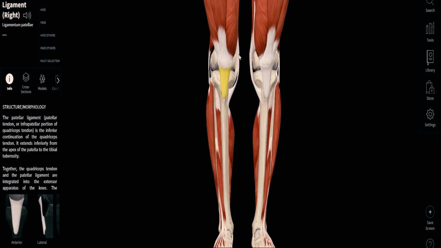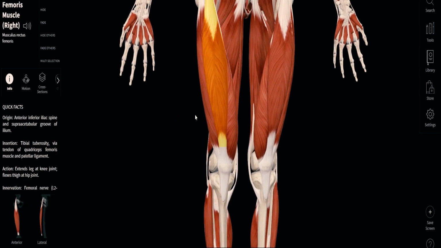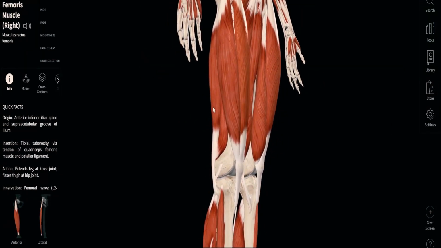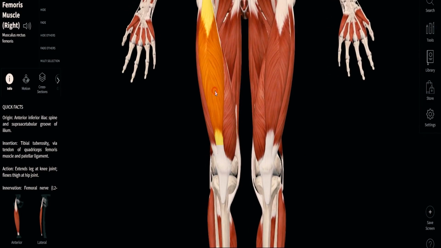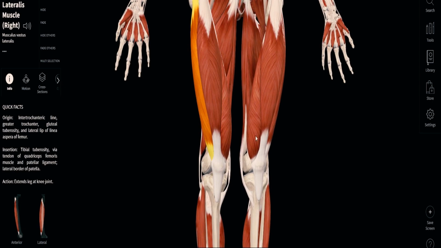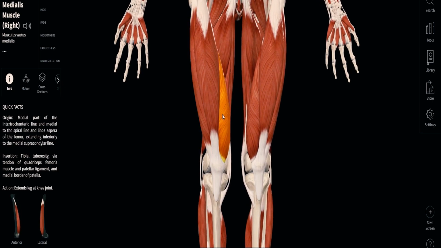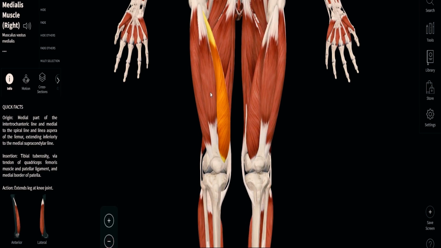The quadriceps, as the name suggests, is made up of four muscles. One is the rectus femoris, the most superficial of the lot. Vastus lateralis is the one on the outside. The vastus medialis is on the inside. And there is one more if we peel back a layer here.